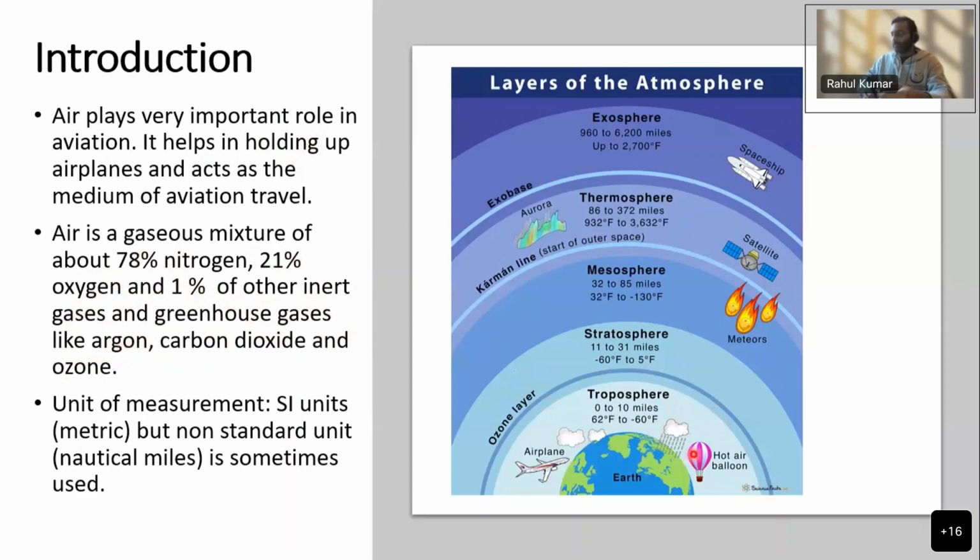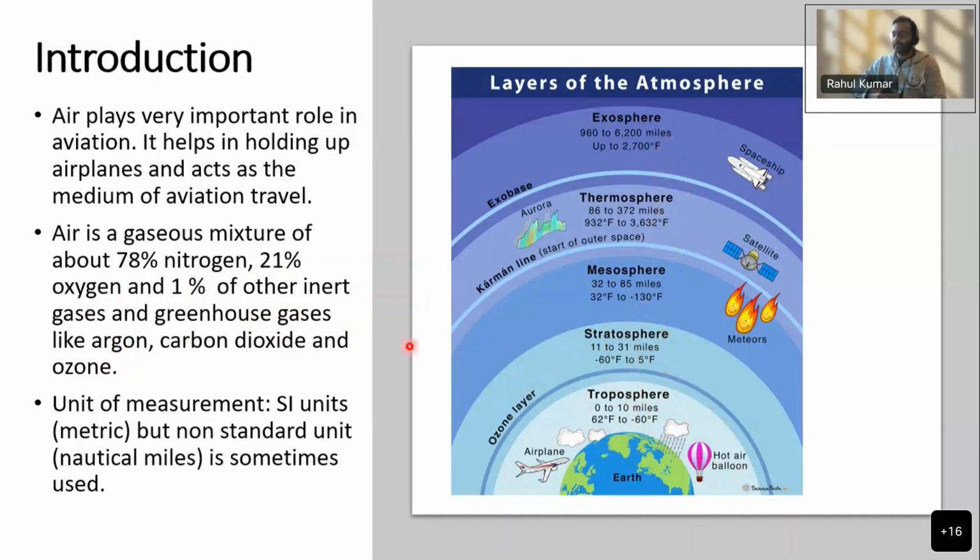Now this atmosphere, you might have studied about it in maybe your geography classes or in your school days, right? This atmosphere above the Earth's surface extends from the surface of the Earth all the way up to 105,000 feet.